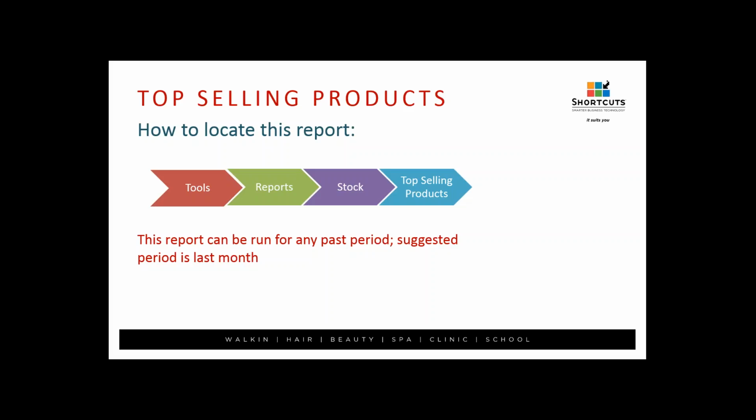But I would always then run it for a month, 2 months, 3 months, just to see if that product is consistently top selling, or if it's just been top selling for that period, i.e. if you've already done a product promotion on that product. Is that the reason for it being a top selling product? You want to be looking to see, is it continually a top selling product or not?